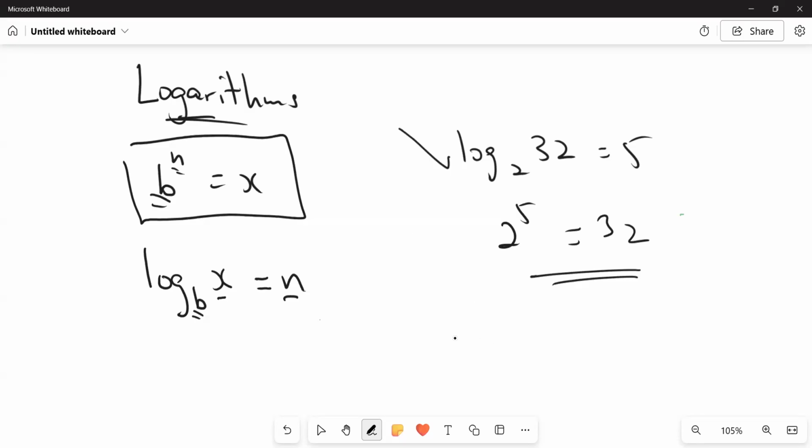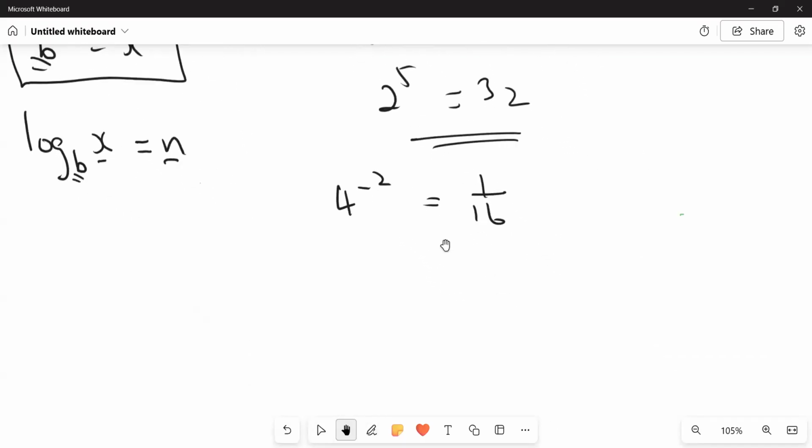Let's go the other way. 4 to the minus 2 equal to 1 over 16. So how can you write that in logarithmic form? You'll say the logarithm of 1 over 16 with a base of 4 is equal to minus 2. Saying the same thing.